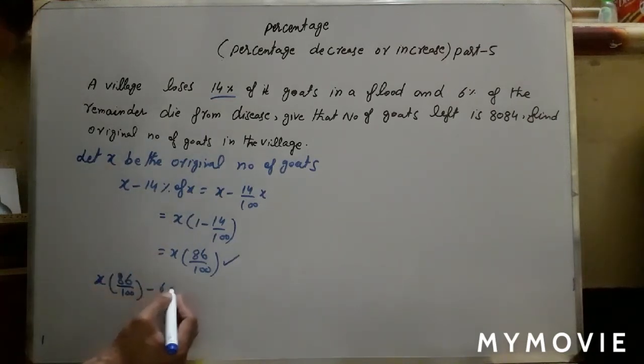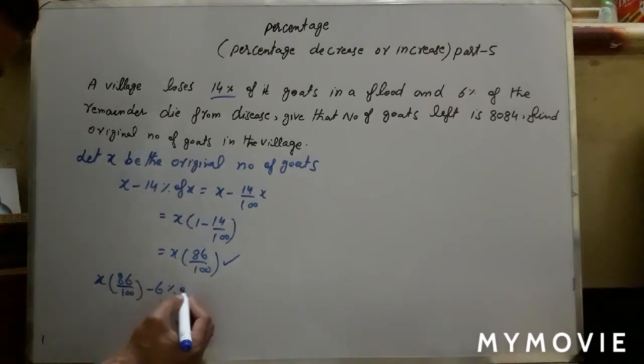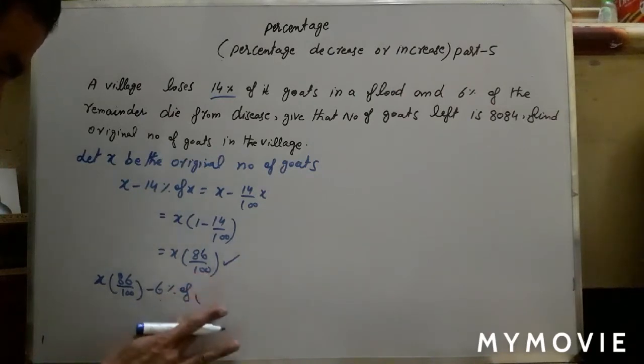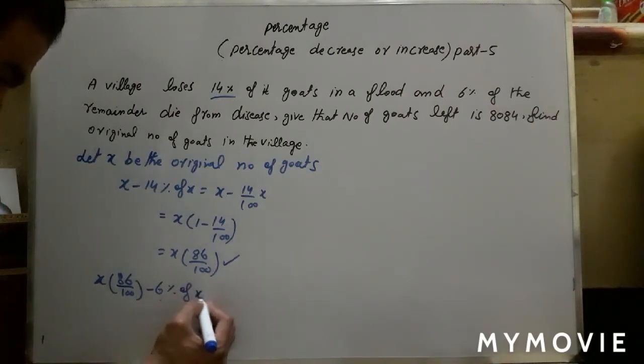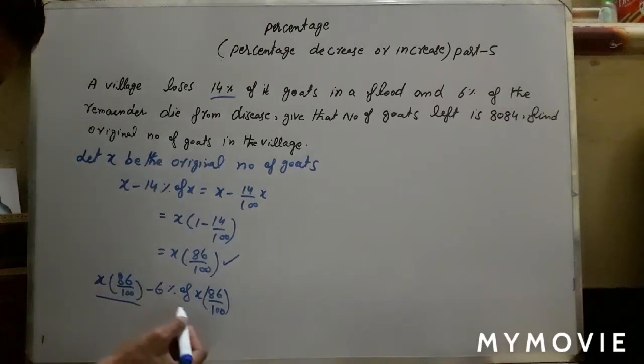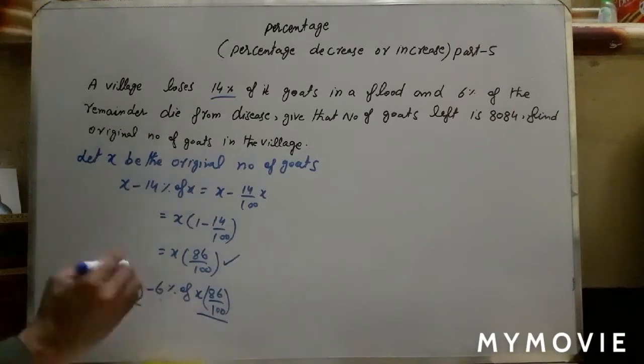x minus 6% of which value? This one, x times 86 divided by 100. This is the remaining value, and 6% of the remaining value die.